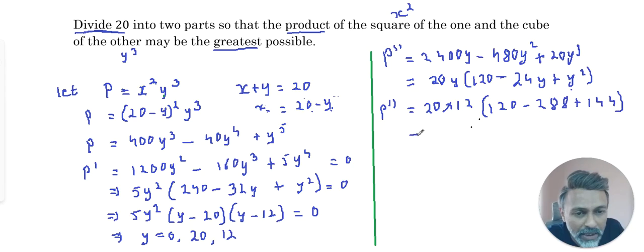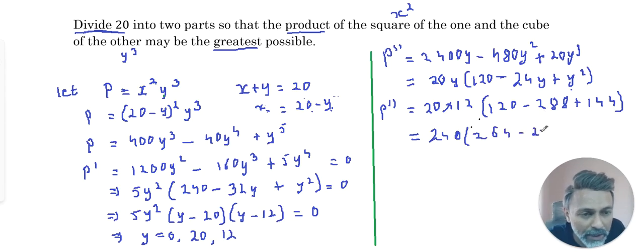This will be equal to 240 into 264, that is 120 plus 144 minus 288. Clearly this value will be negative, so we can confidently say this is less than 0. That's what we wanted. Only then you can claim it to be greatest.